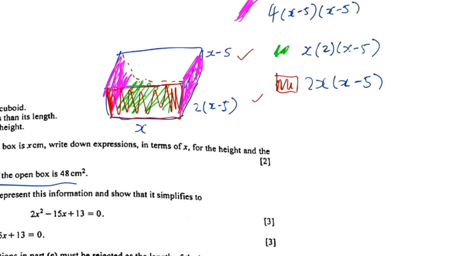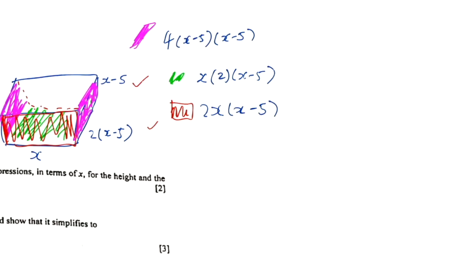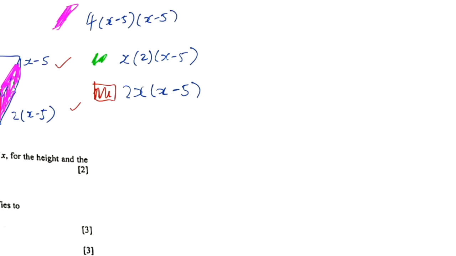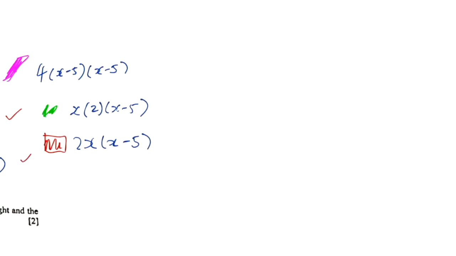So 2x times x minus 5. Your job now is to add them together because all of them equal 48 cm squared.